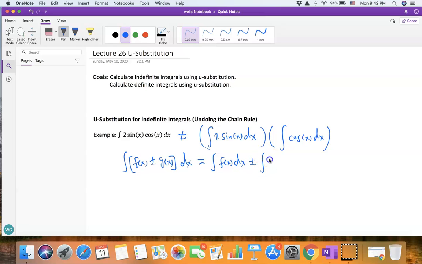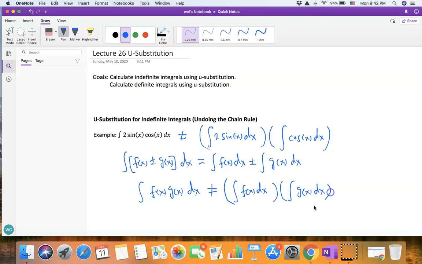But if we have an integral of a product, we can't just write this as an integral of one function multiplied by an integral of another function. No, we don't have such a property.